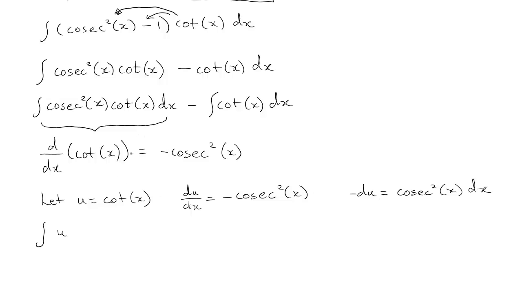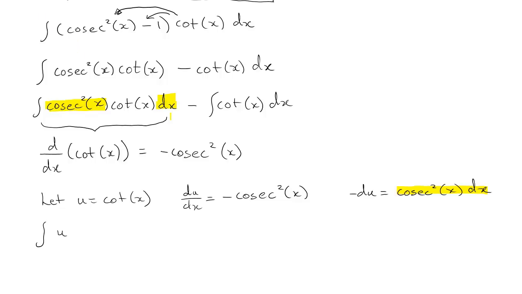Getting back to the question, we can see that cosec squared and dx are found in this expression, and they're all multiplying.